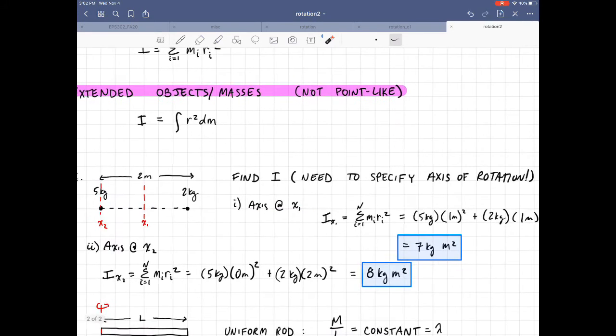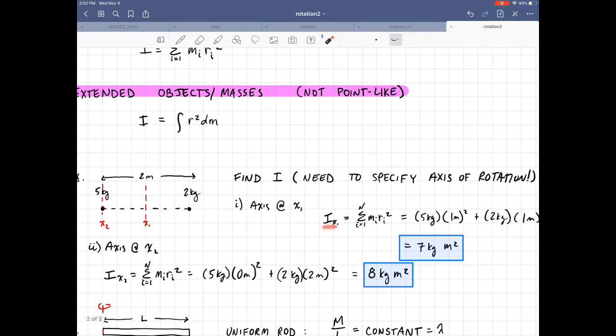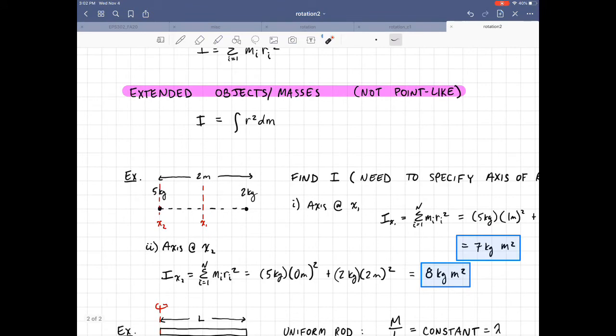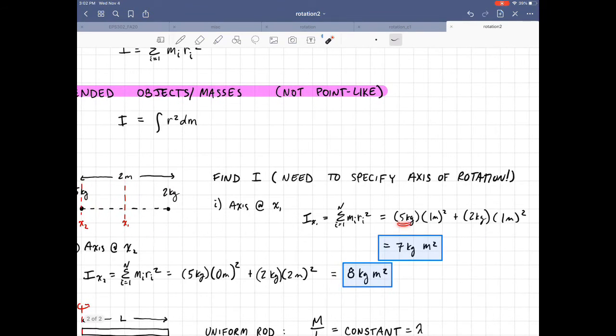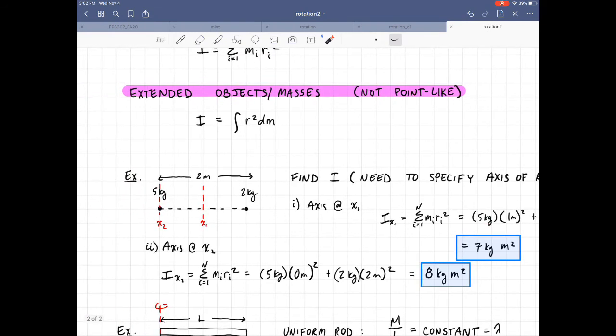To calculate the moment of inertia, the definition is just add up all of the m times r squareds. I've got 2 objects here, so I'm going to have 2 terms when I write this out. No matter the order, but I'm going to start with the 5 kilogram mass. So I've got a 5 kilogram mass, and then I look at the picture. How far away am I from the rotation axis that I've identified? Well, I'm 1 meter away.